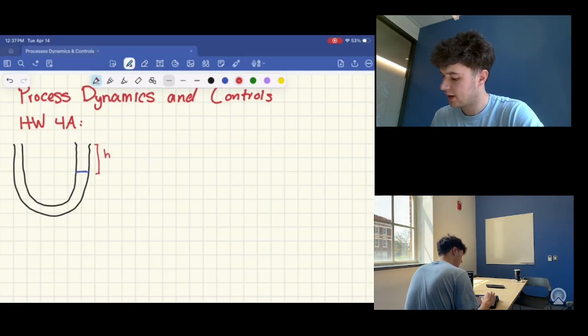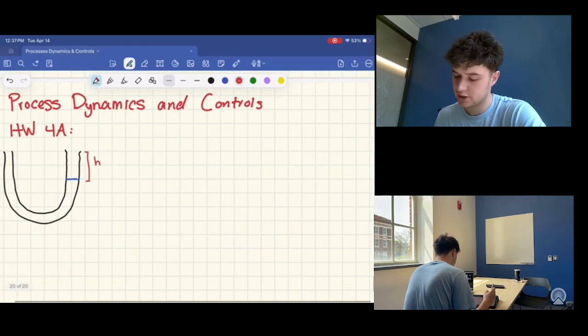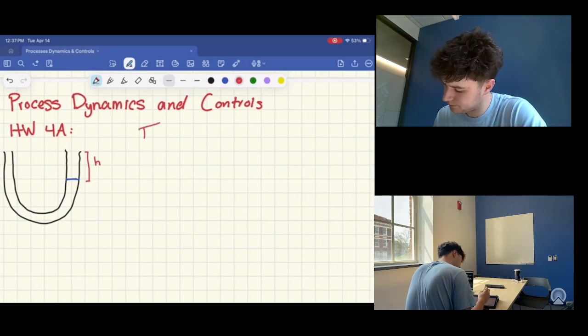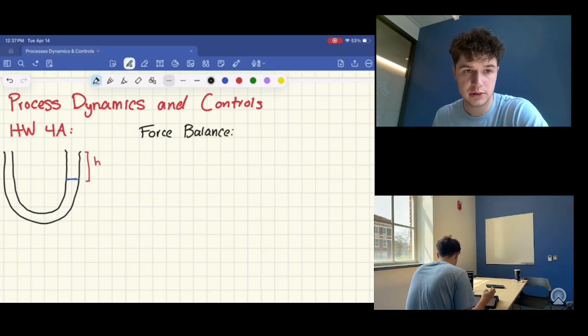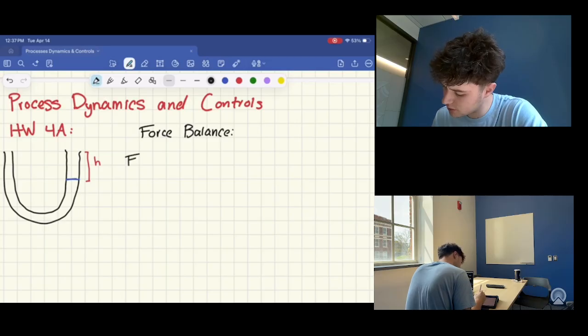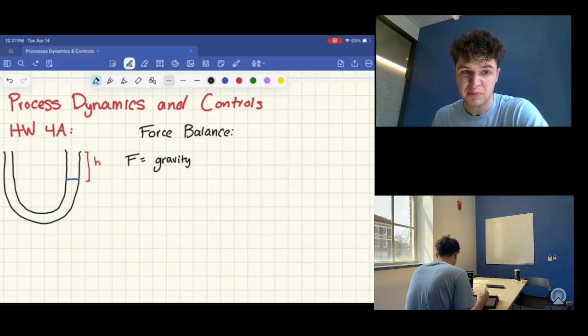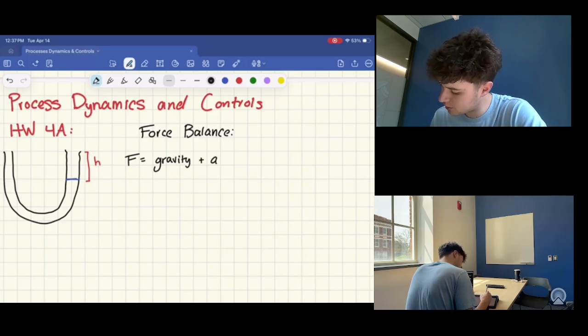So we need to first create an equation for this, in which we will call this the force balance. And to do this, we're going to set our force equal to our gravity plus our atmospheric pressure plus our viscous forces.